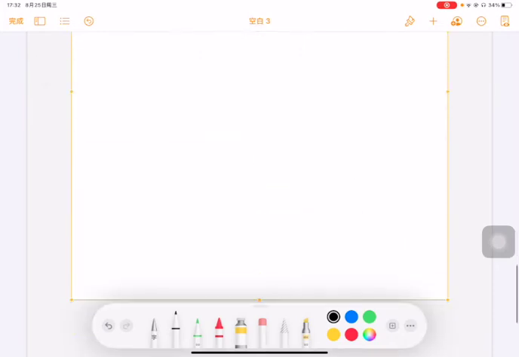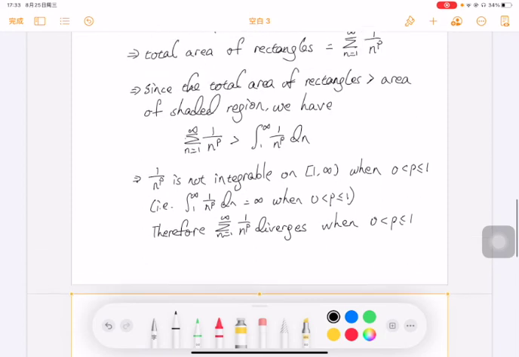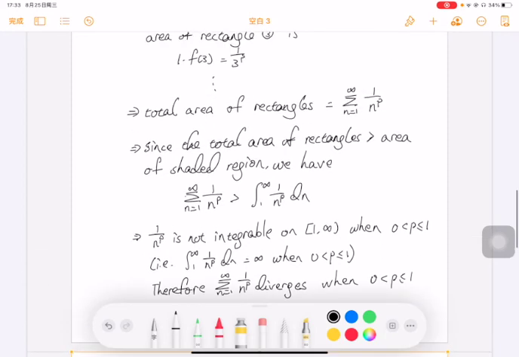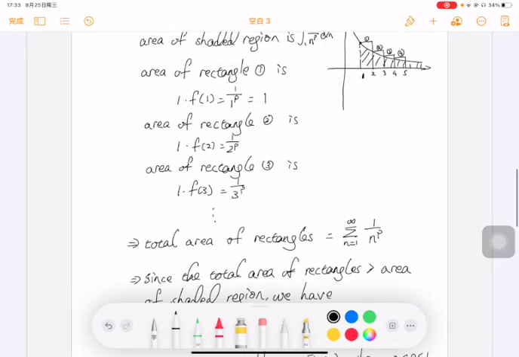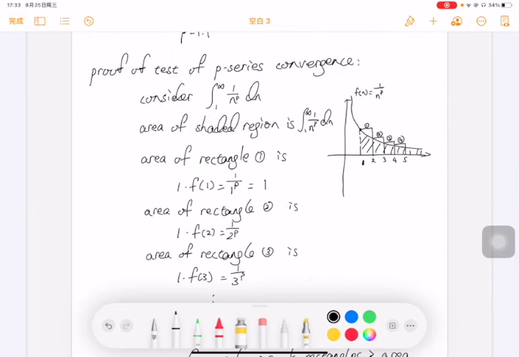Now let's see how we can obtain the first part, which is the series converges when p is larger than 1. We use a similar method. The only issue is, let's go back to this diagram. The series is given by the rectangles, and we see that the areas of the rectangles are actually larger than the area of the shaded region.